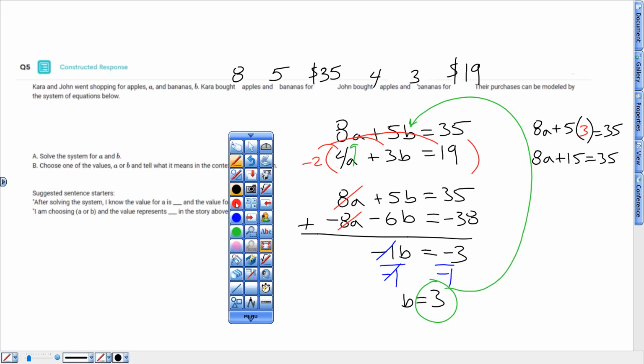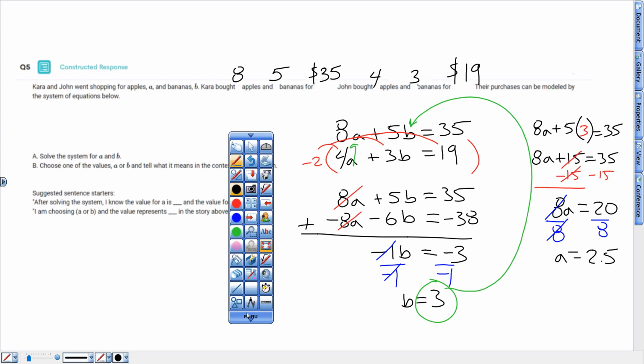And then right there, I'm going to subtract 15 on both sides, which gives me 8a equals 20. Divide by 8 right there. And that gives me a equals 2.5.